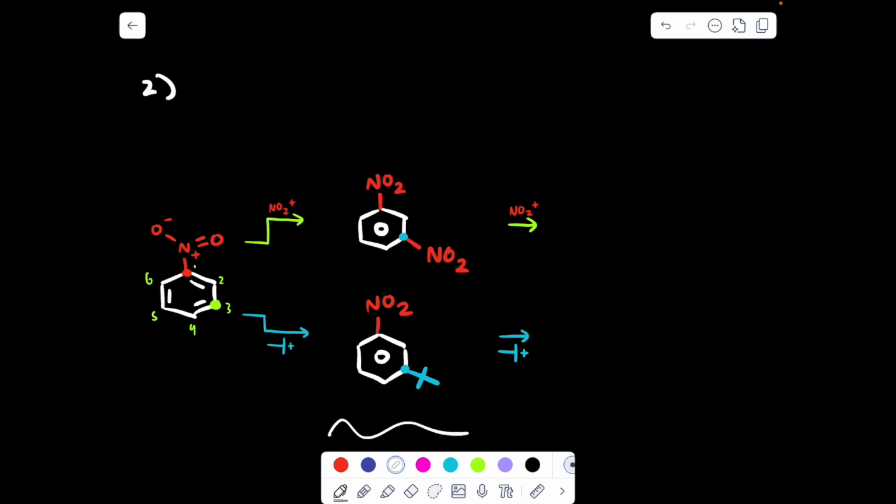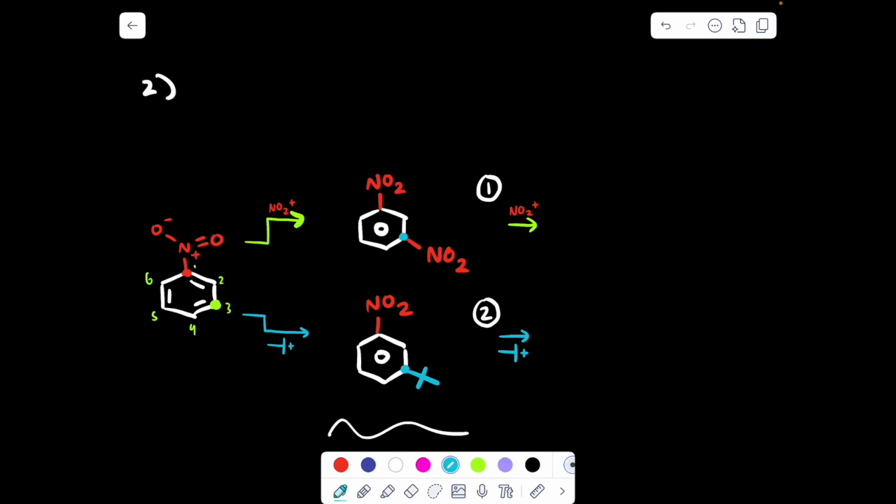Considering this product, add in one more equivalence of the respective electrophile. Which reaction, reaction 1 or reaction 2, proceeds faster? And what's your product? In the top reaction, the green reaction, we added in an NO2 group.